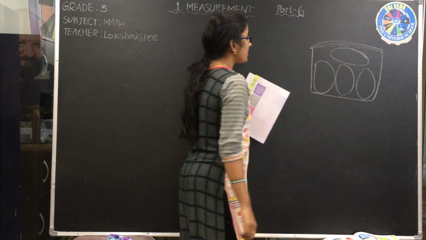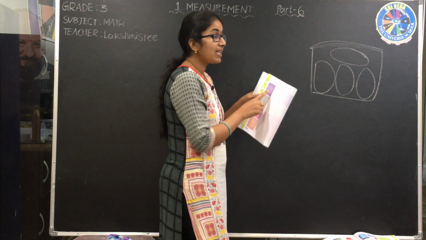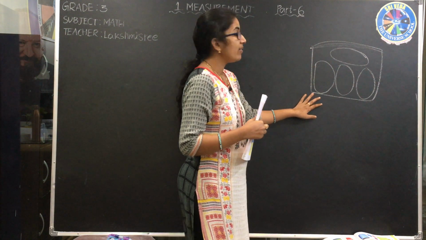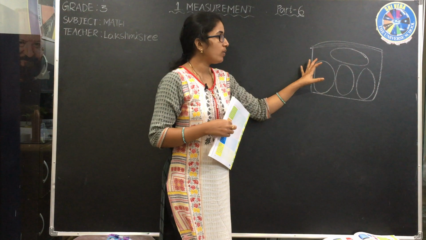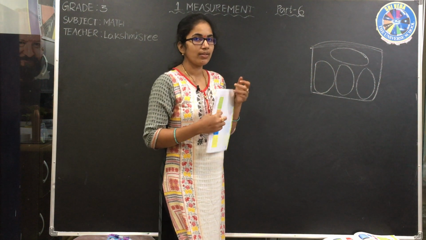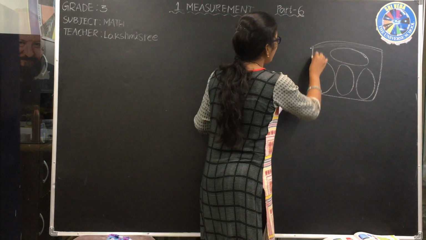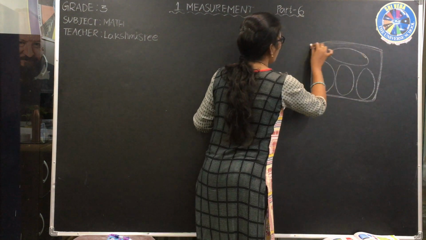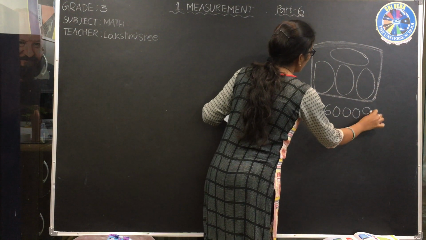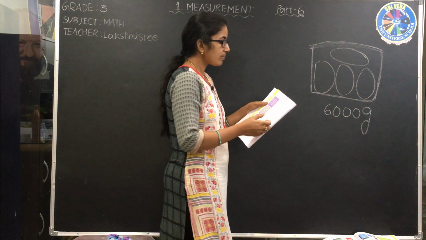See how we are measuring weight? 6,000 grams. We can find out the weight by using grams and kilograms. Here the weight of this total box is 6,000 grams.